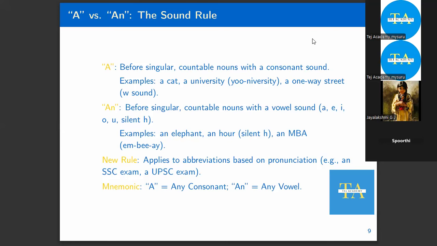A is used for any consonant, and an is for any vowel. It's very easy to remember that these are used for consonant and vowel sounds respectively. But I think it's better for you to focus on the exceptions because that will be the difficult part in the exam. Okay, I think it's better to move to the next article.